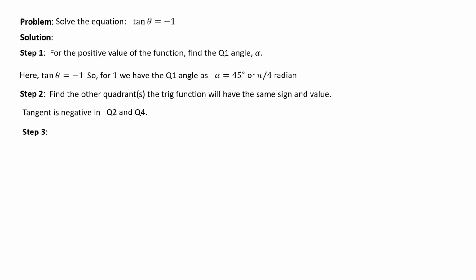Good. What's the third step? The key step: use this alpha that we got in step 1 as a reference angle and find the corresponding values in Q2 and Q4. So for Q2, we say pi minus pi fourths, and for Q4, we say 2 pi minus pi fourths.